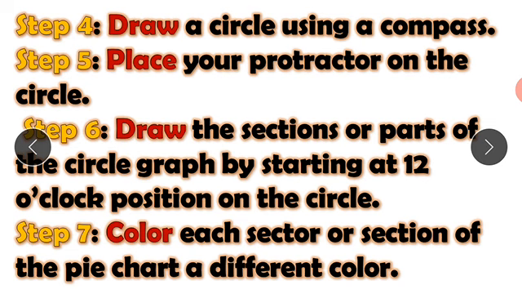So now you will use the data that you've gathered from step 3. And for the last step, color each sector or section of the pie chart a different color. So that is how we make a circle or pie graph.